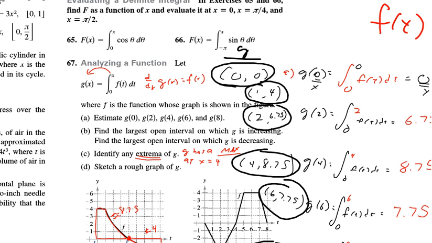No, I'm sorry, I had that backwards. F is basically G prime. So F of T is G prime. So this F graph is a derivative graph.